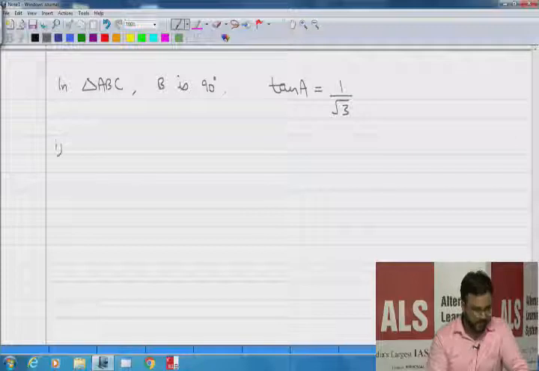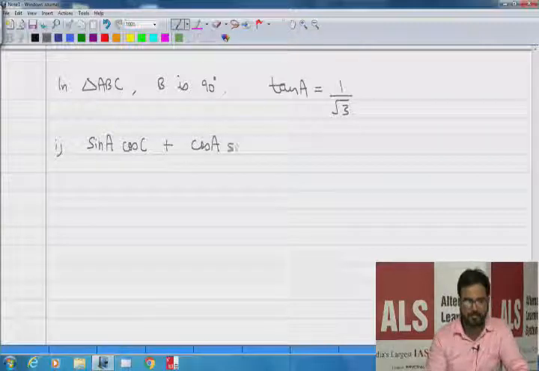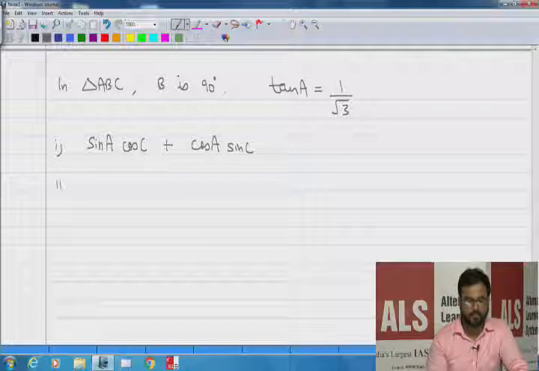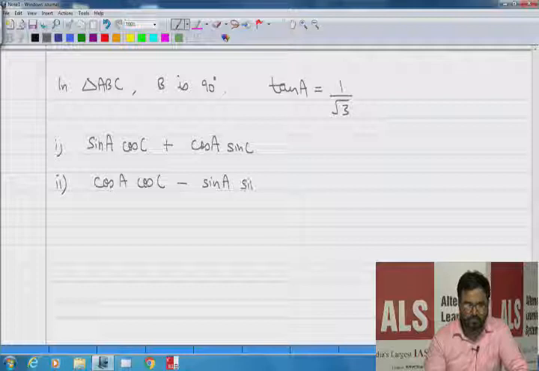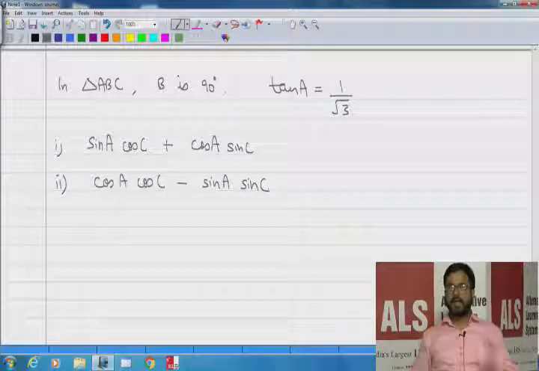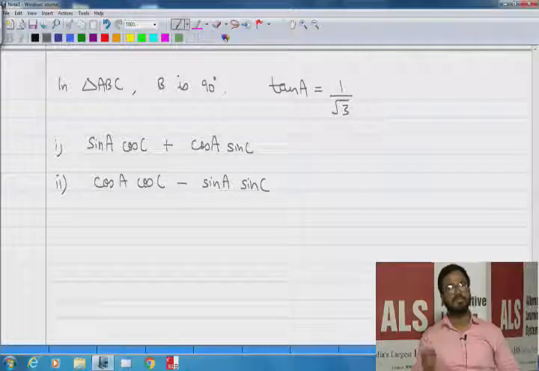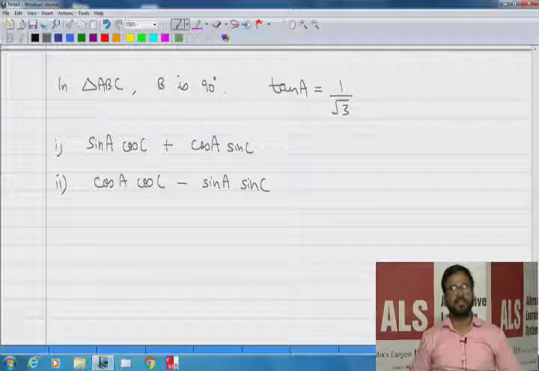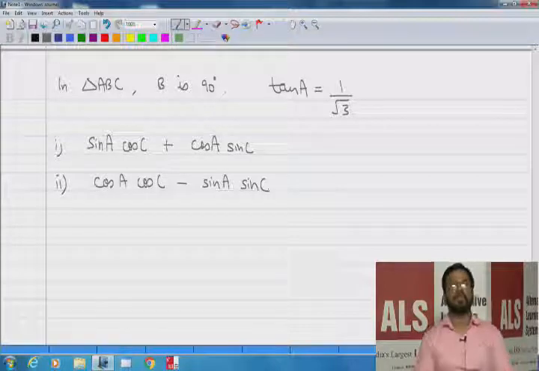You have to find the value of these expressions. In triangle ABC, angle B is 90 degree, tan of A is 1 by root 3, and you have to find the values for these expressions.